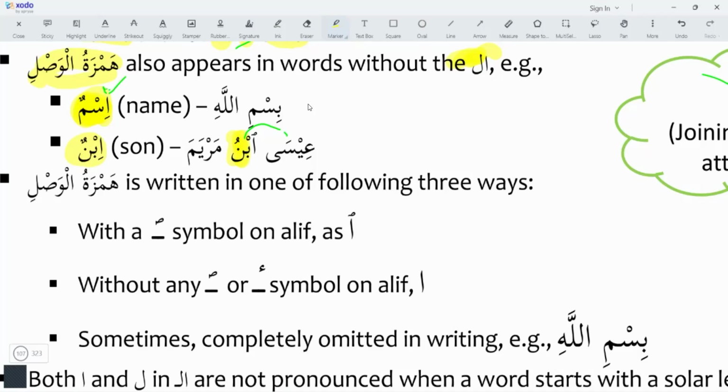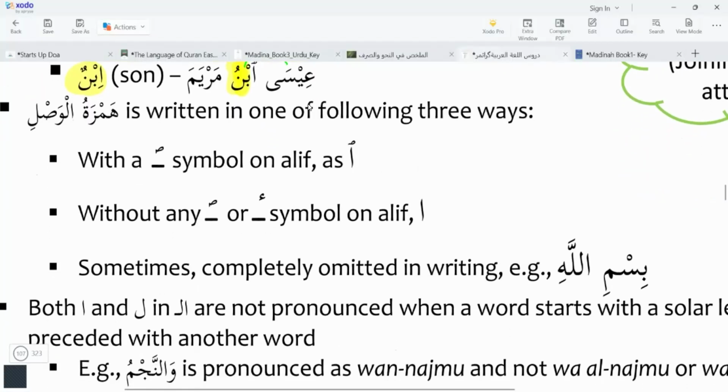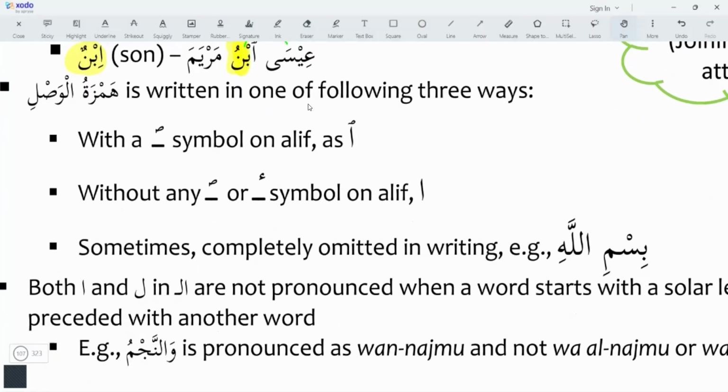So Hamzatul Wasal can be written in one of three ways. There is a Swad on the Alif.